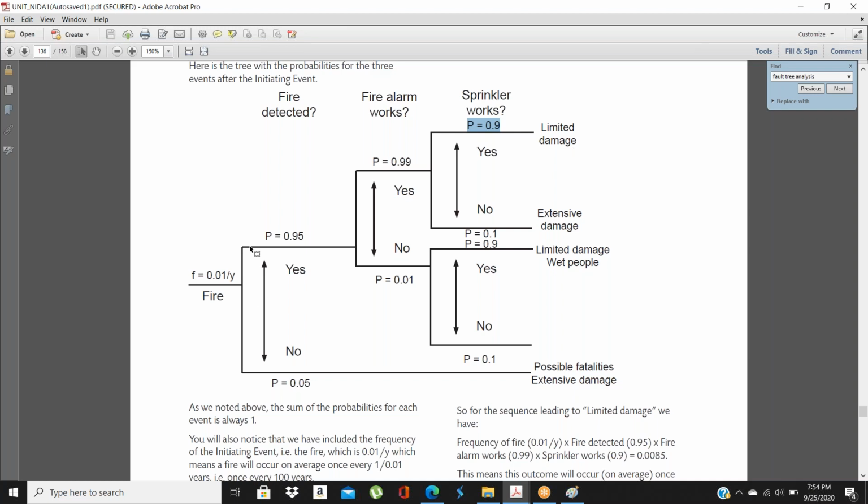If we are coming toward this one, let's suppose this is number 2, extensive damages, we need to multiply all these probabilities, and it will give you the chances of extensive damages. And the same we can repeat for the others.